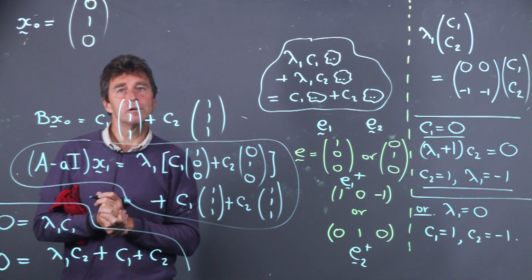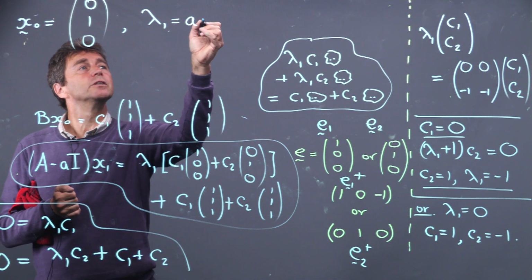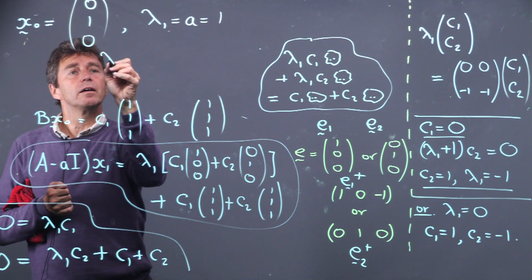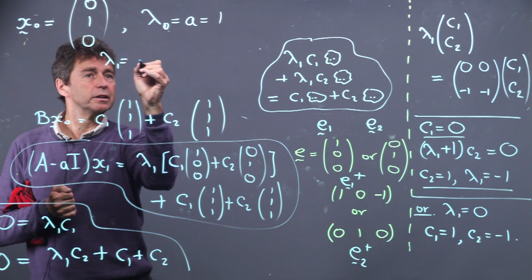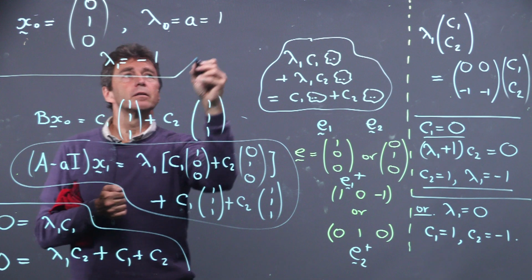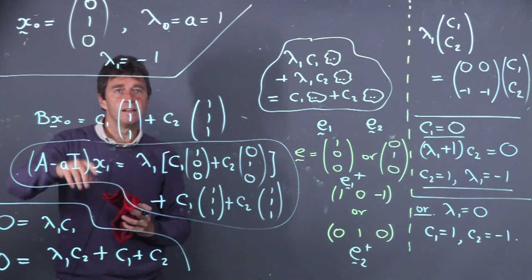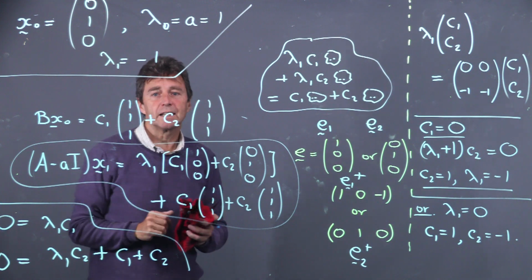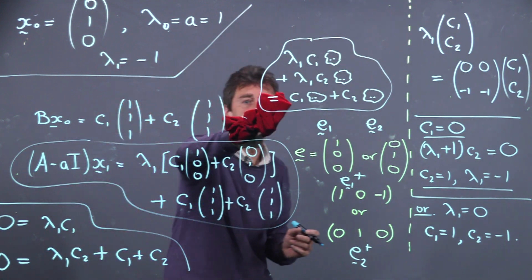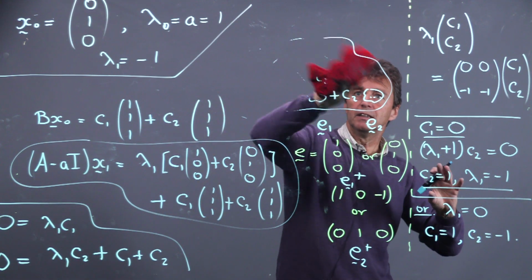That's what x0 was. Lambda 0 was equal to 1, and lambda 1, the correction, is equal to minus 1. Right? So this is actually what you should have taken as the eigenvector, and that's how you perturb it. That corresponds to the top choice there.